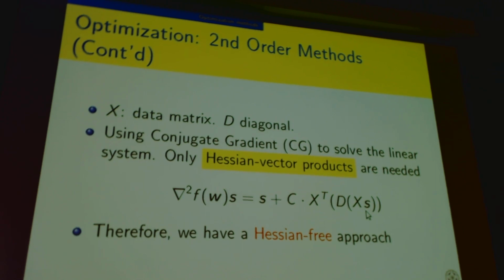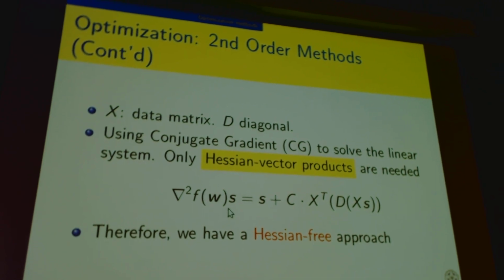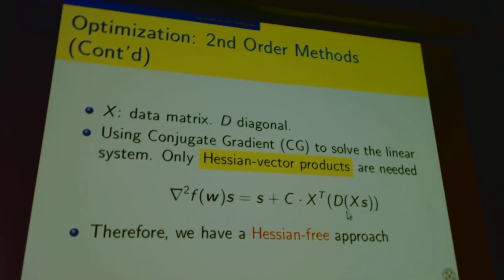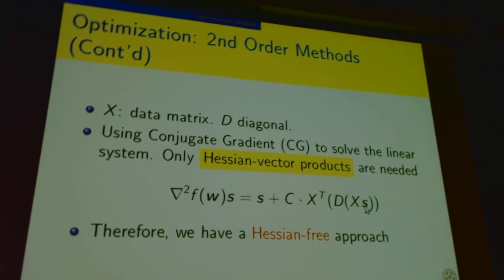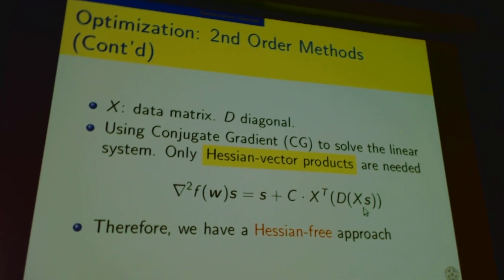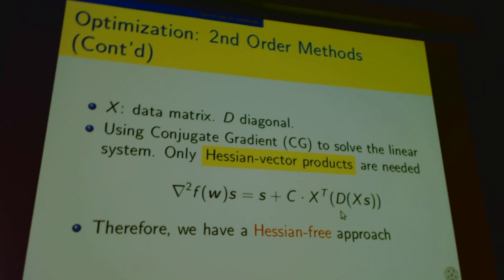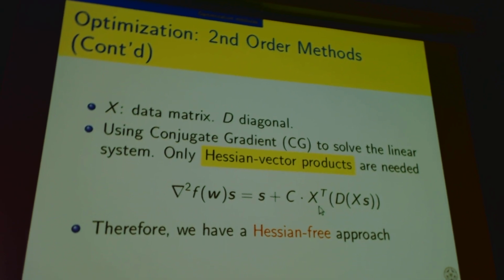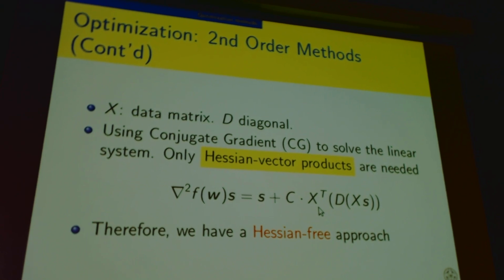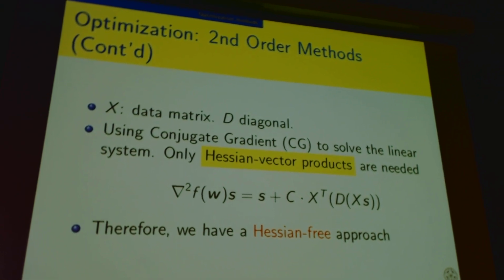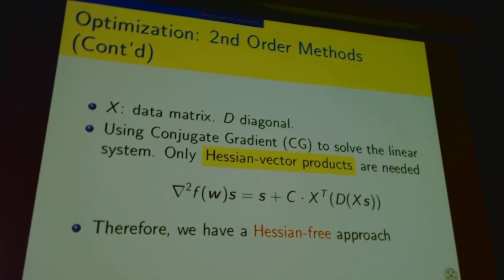If we want to calculate the Hessian multiplied with S, then all you need is to multiply X and S, then you get another vector. Then you multiply it with a diagonal matrix, then multiply it with X transpose. Are we able to handle that? Yes, because of course you must be able to store the data matrix X. That's the assumption.